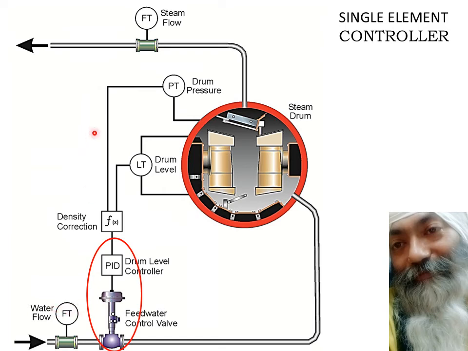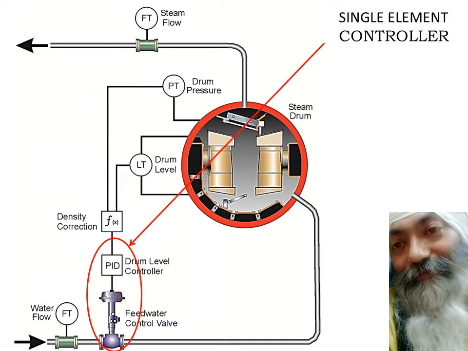This feedback is not taking care of any shrinking or swelling on account of sudden changes in steam outflow. It is simply taking care of the level by making use of this single controller, and that is why it is called single element controller. It is having only one element.